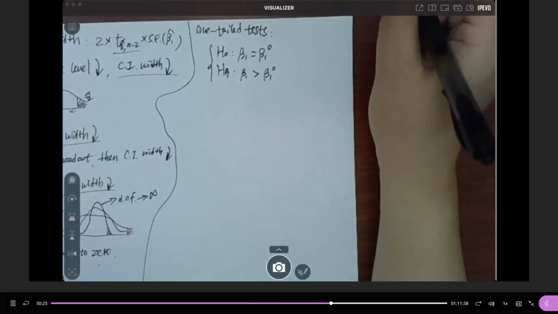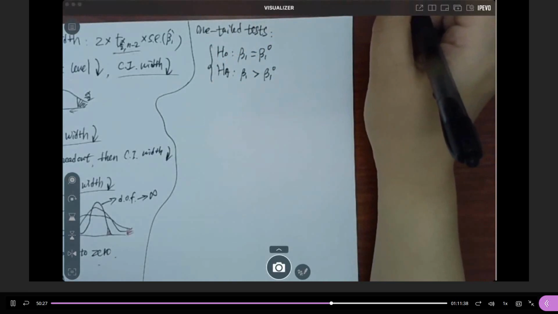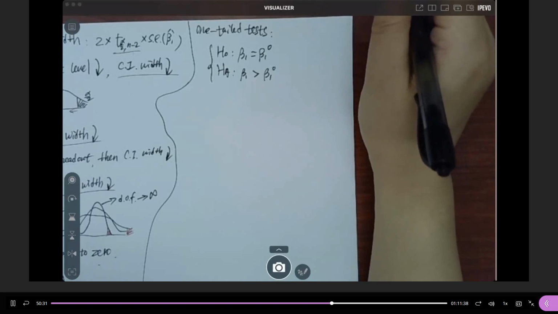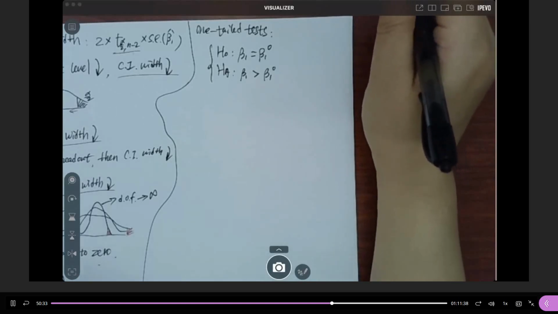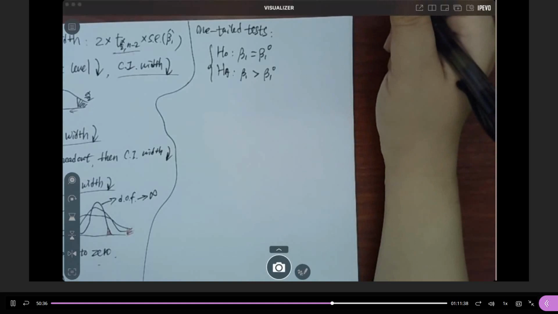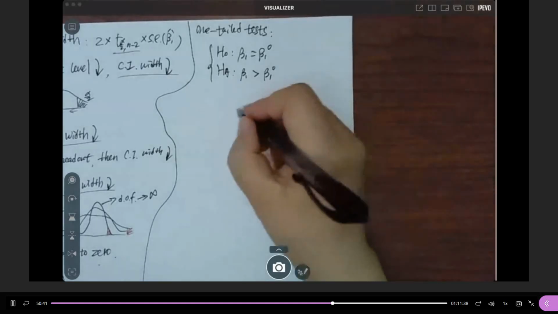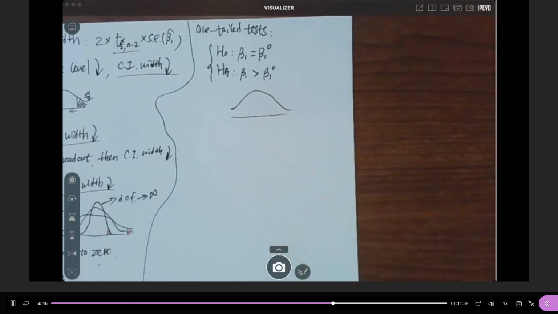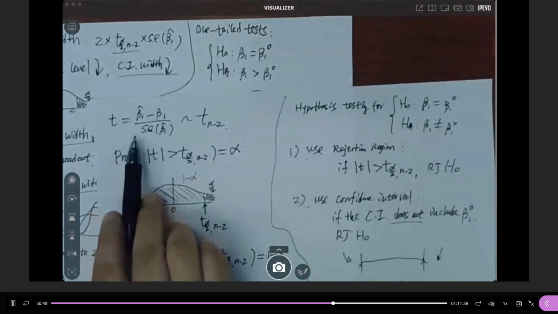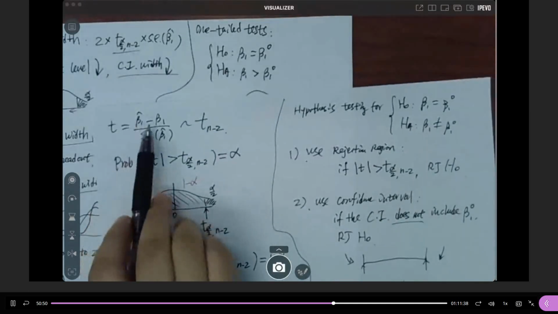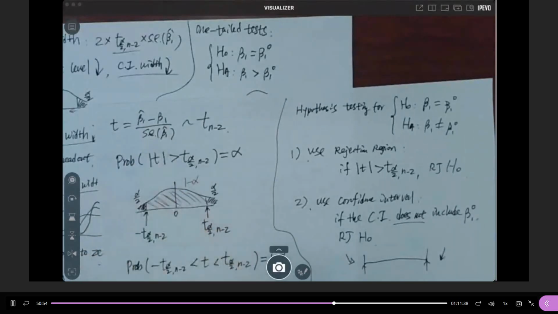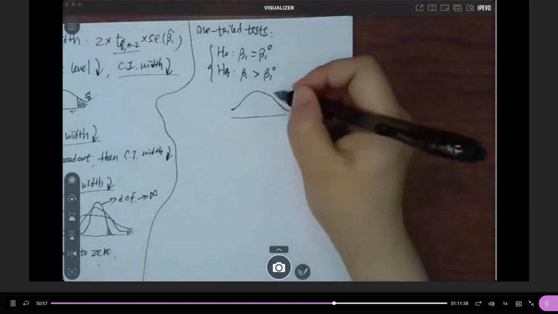In order to perform this test, if you use the rejection region, what is the format of the language you use to reject? You would say, if the calculated t is greater than something, you would reject, right? If it's a rejection region. T is the same t we defined before: you calculate the point estimate minus the hypothesis value, divided by the standard error.